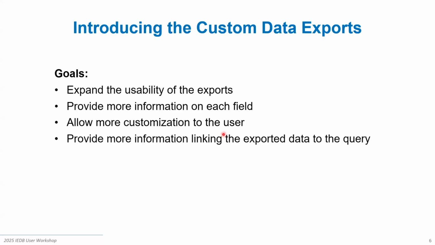We wanted to allow more customization for the user, which is what I was talking about with letting you choose the fields which you determine are relevant and important to you, and then also provide a little bit more information on how this data links to your query.